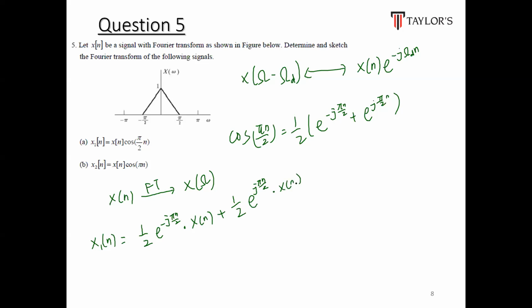Aha, now individually I can apply the frequency shift property. So this becomes half of e to the negative j, and it is very similar now. So our delay is what? The delay will be pi over 2, correct? So I get X(omega minus pi over 2).